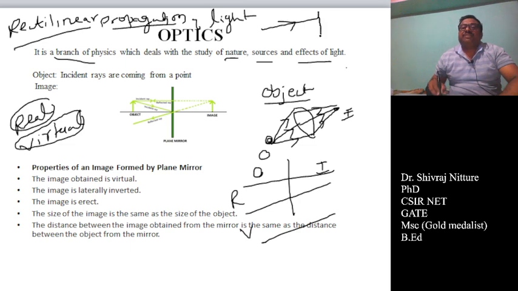If the medium changes, then only its direction changes. For example, this is air and this is glass. As long as it is in air, it travels along a straight line. When it enters from air to glass, it changes its direction. So in a homogeneous, that is the same, medium, it travels along a straight line.